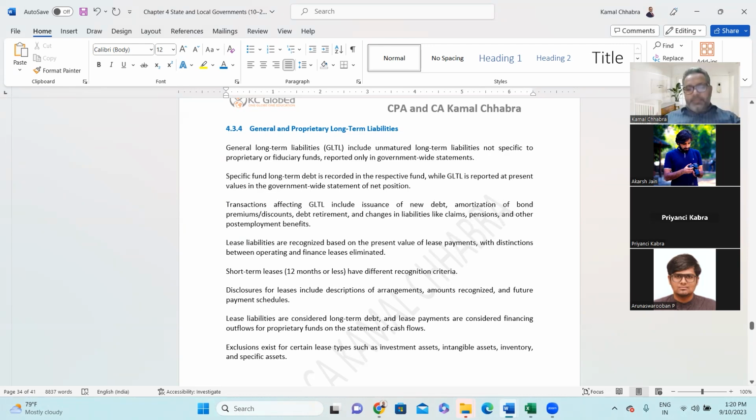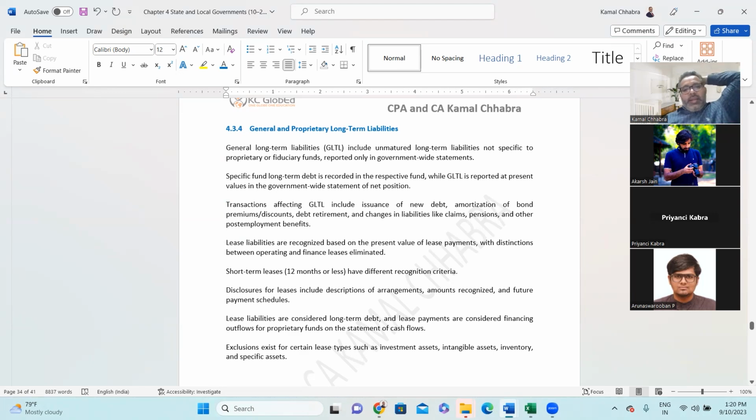Make sense? Second is specific fund long-term debt, which is recorded in the respective fund. If there is any specific loan for a specific fund, then that loan needs to be disclosed in that particular fund's financial statement. Very logical, right?